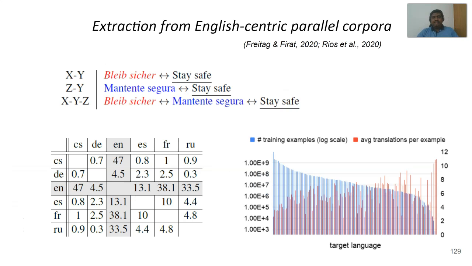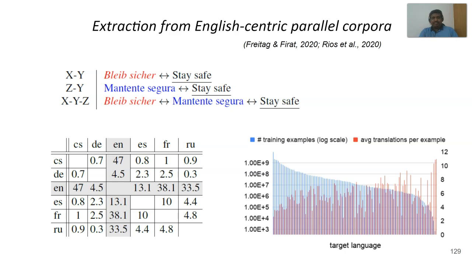The other very simple way to extract data is to use the existing English-centric parallel corpus. And it turns out that a lot of this English-centric parallel corpus is actually sourced from multi-way parallel corpus like European parliamentary proceedings. So if you just pivot through English, you will discover translations between non-English languages also.